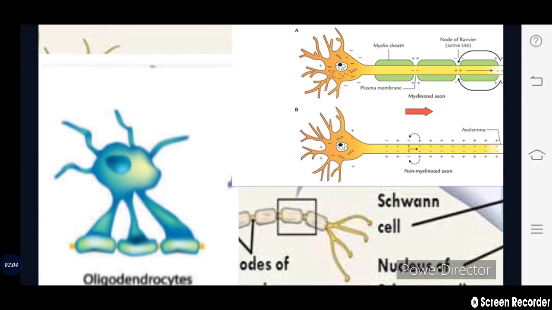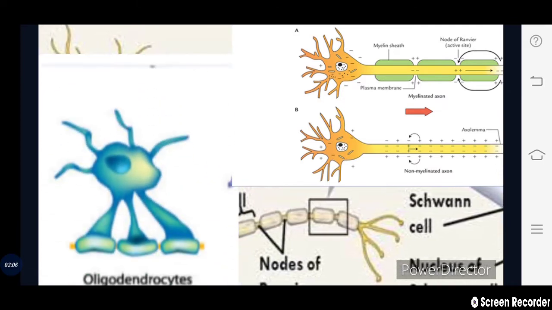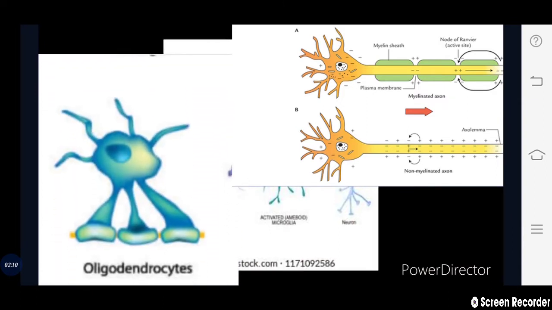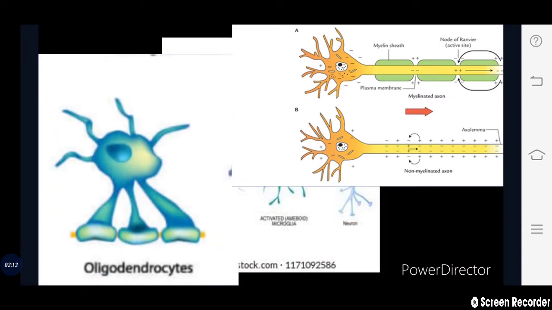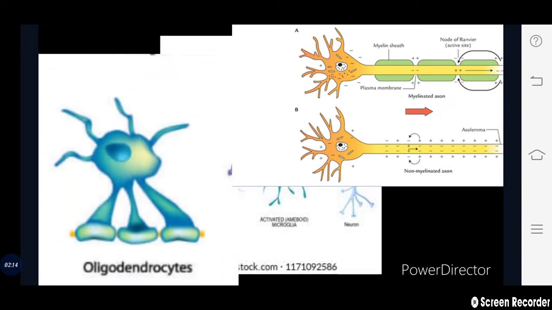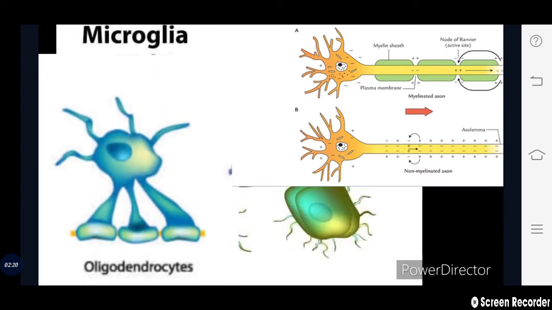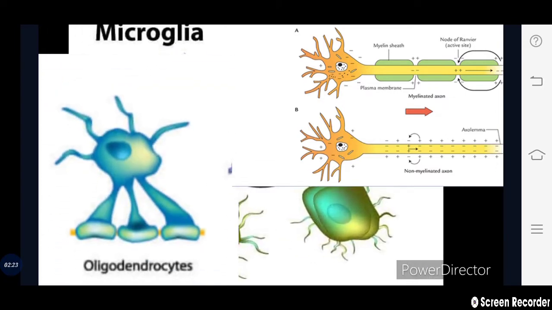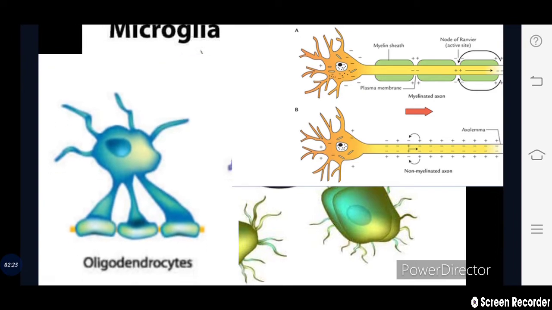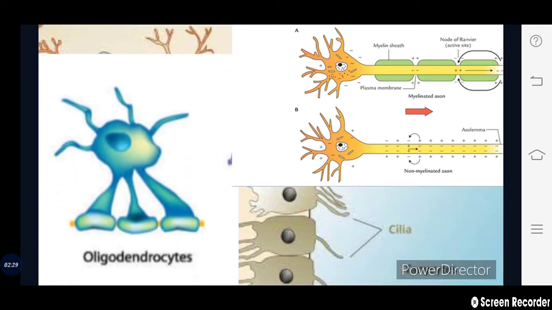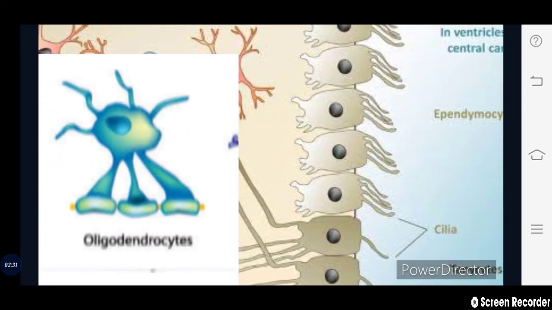The myelin sheath is made up of proteins and fats, and it helps in quick transmission of the impulse. That means the protein and fat contents are more in the myelin sheath, which is formed by the oligodendrocytes.